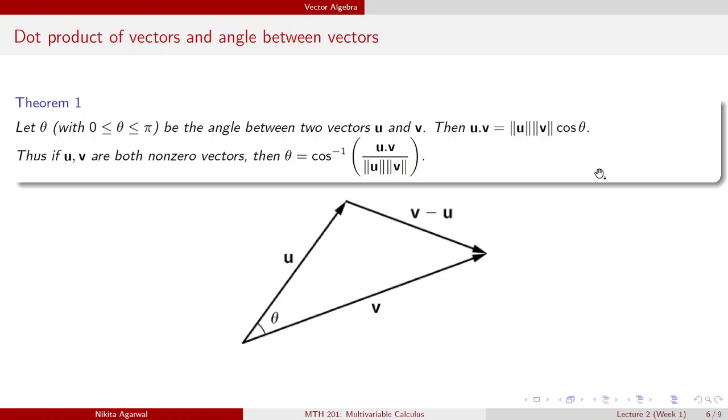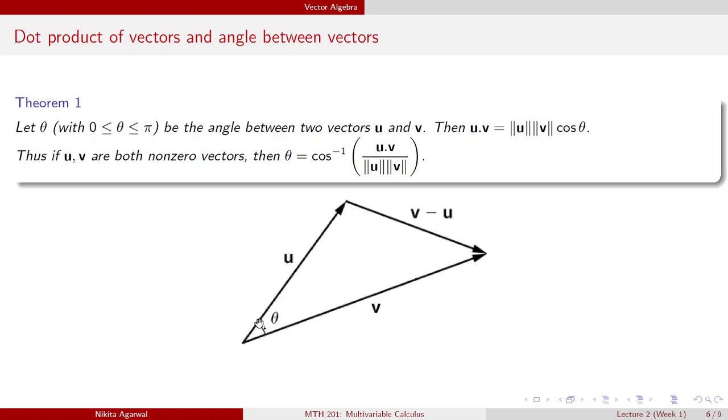Also you can see that it doesn't matter whether you take u dot v or v dot u, so it doesn't matter what the positioning of these vectors is. So this relationship written here is independent of the positions of u and v. You decide theta according to the angle which is smaller of the two.